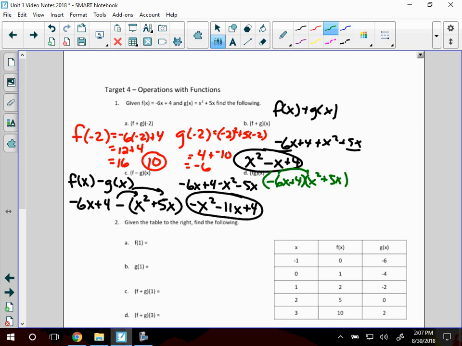So if we double distribute here, it's going to give us negative 6x to the third. Here I'm going to get negative 30x squared. And then if I distribute the 4, I'll get plus 4x squared and plus 20x. So then my final answer is negative 6x to the third minus 26x squared and then plus 20x.